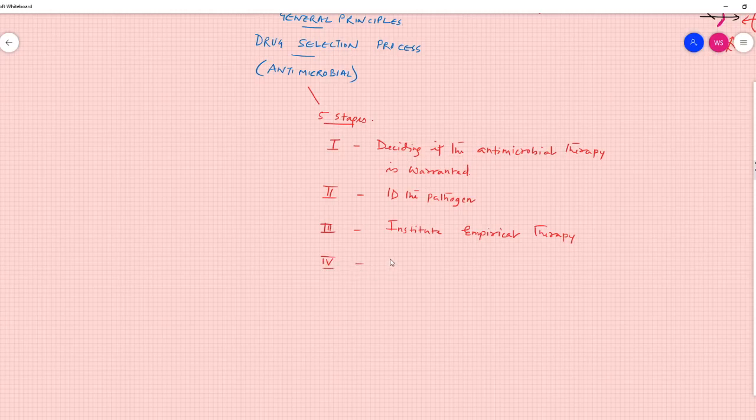The fourth stage would be to assess the instituted antimicrobial therapy for efficacy and toxicity.